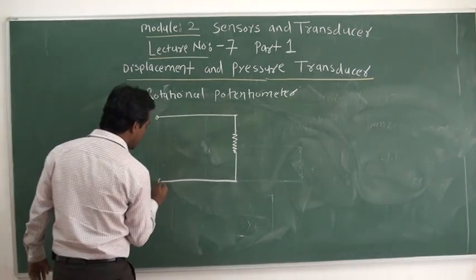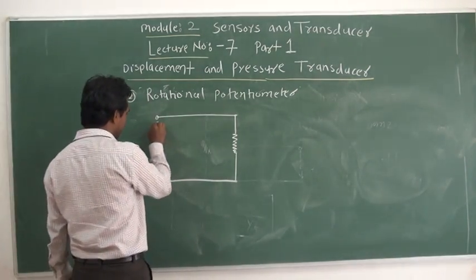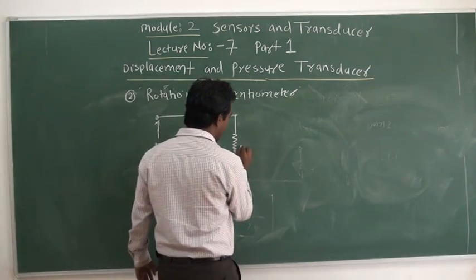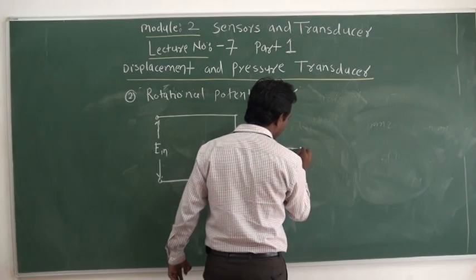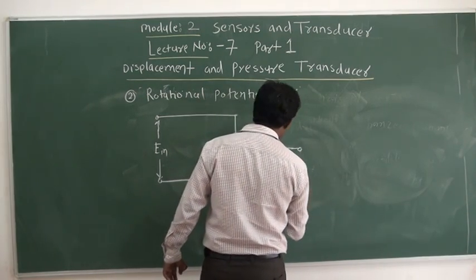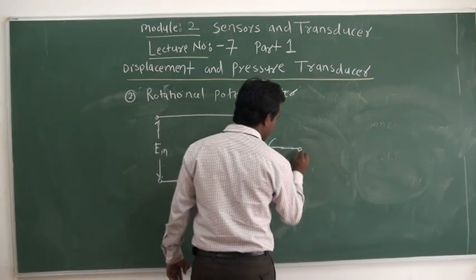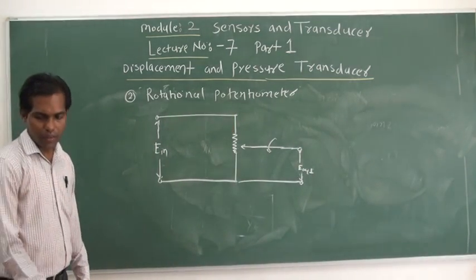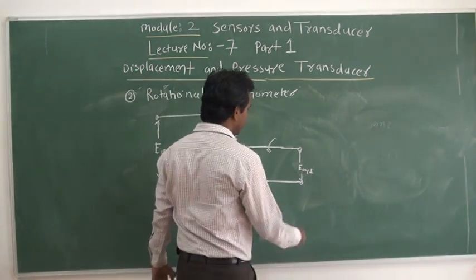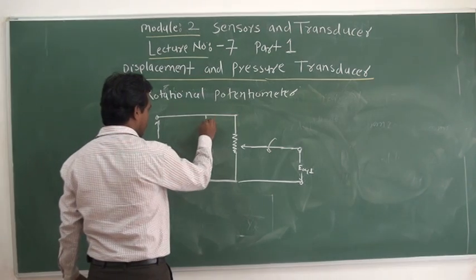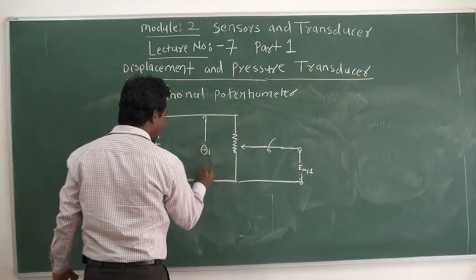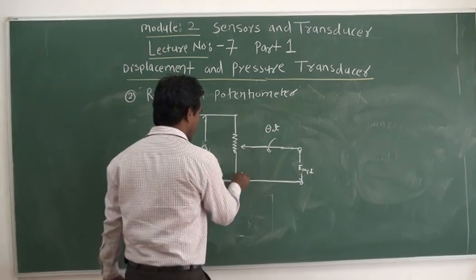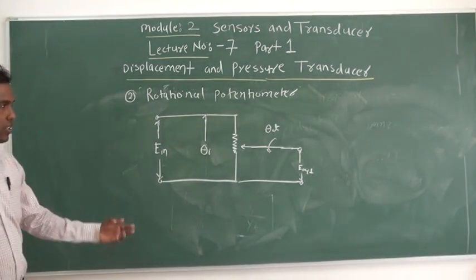Again, input voltage is applied at the fixed terminal, denoted by E in, and the output voltage, which is the variable output voltage measured at the variable terminal, is E out, where theta I and theta t are defined.